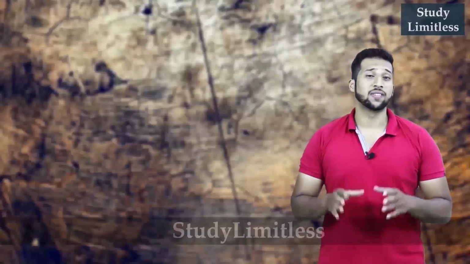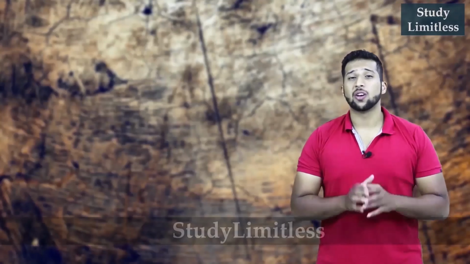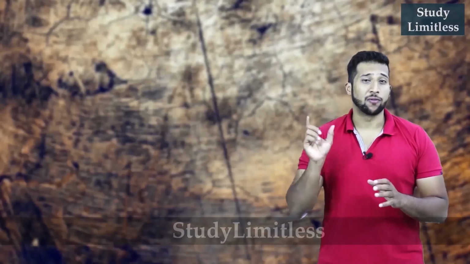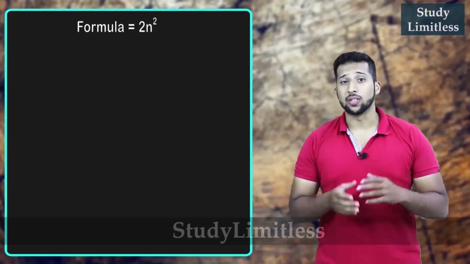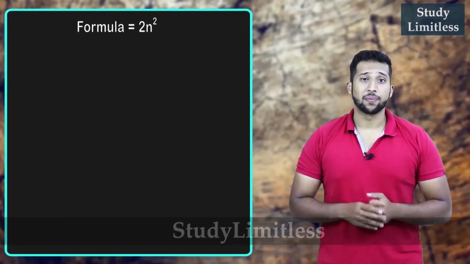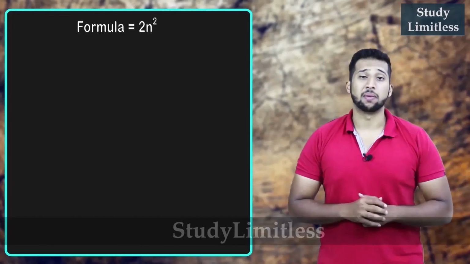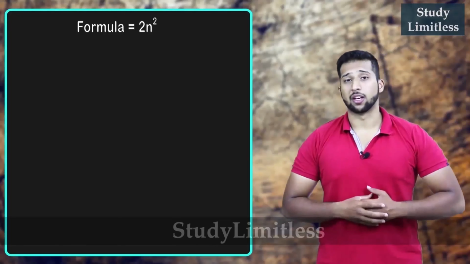Now, you have studied the maximum number of electrons which any orbit can accommodate. There was a formula, 2n squared, where n is the orbit number, which has to be squared and multiplied by 2 to know the number of electrons that can be accommodated.